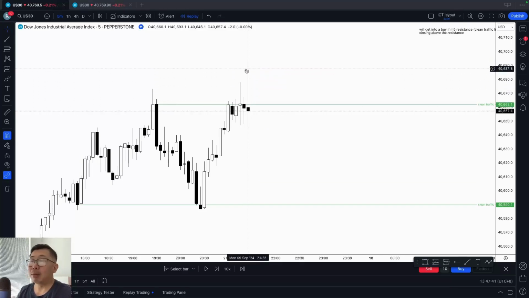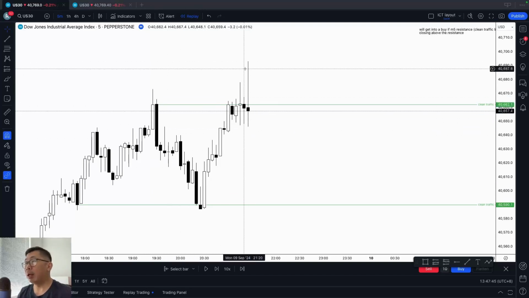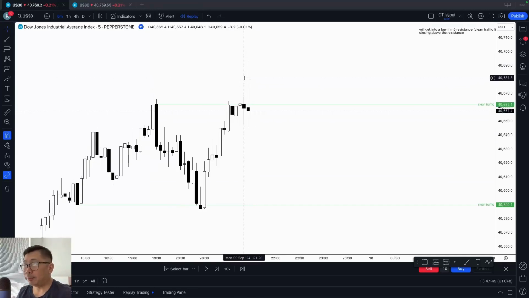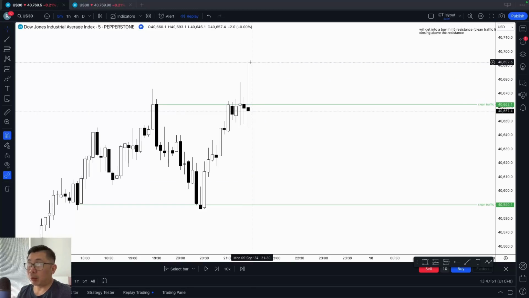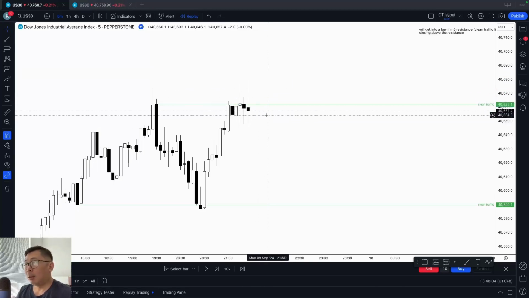So I thought, okay, I'm finally going to take it, because it's been a long wait, right? So I said, okay, I'm going to actually take this buy. It went all the way up here, right? So I went to my MT5. I was measuring the, what do you call it, the lot size, right?